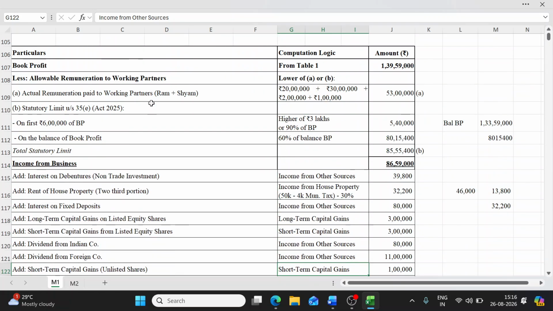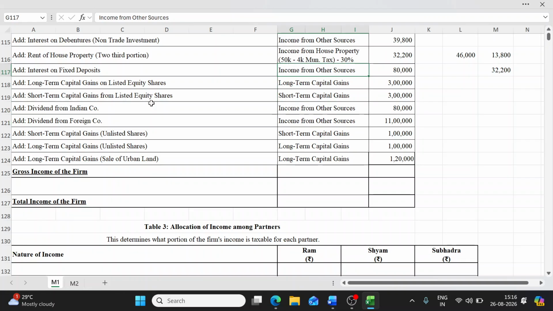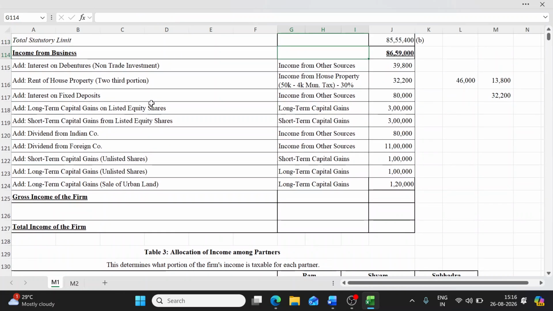Now we have to find out the gross income of the firm. In the partnership firm's pure business income, that is 86 lakh 59,000, we will add all these incomes.